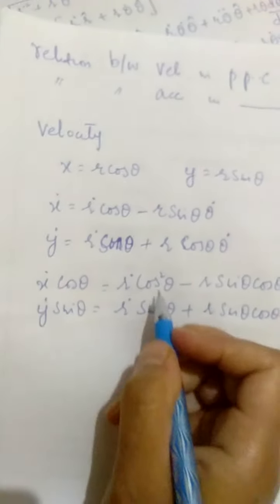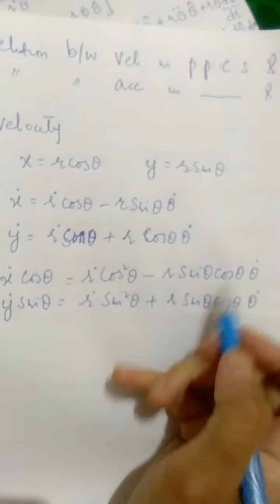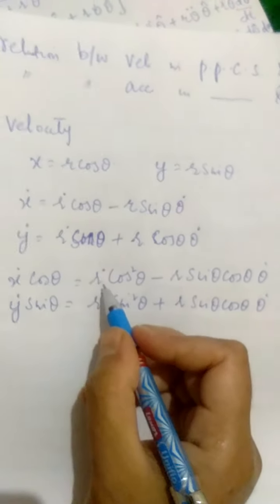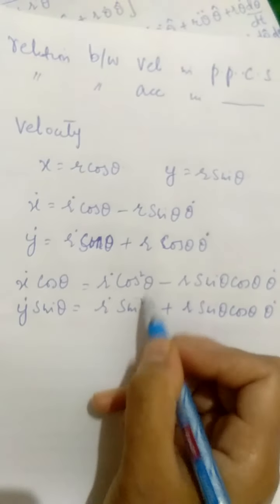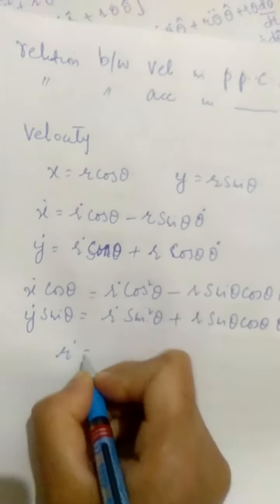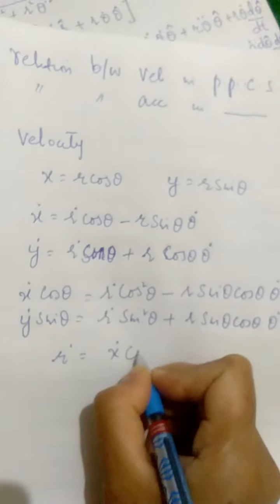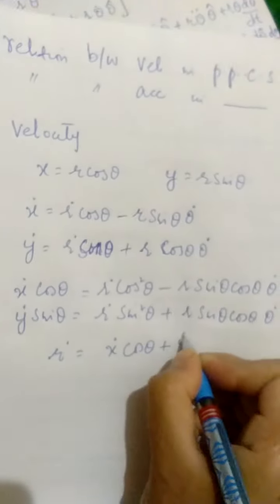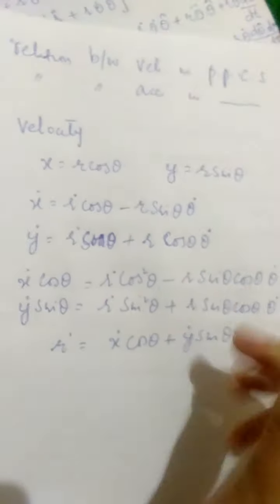Now once we add this and this, these factors are same, they will cancel. This will be r dot and the sum of these two will be 1. So what are you left with? You are left with r dot is equal to x dot cos theta plus y dot sin theta, right?